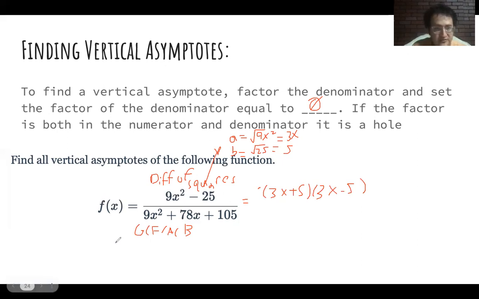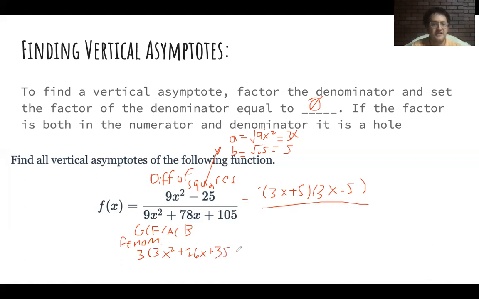So if I focus on the denominator, I'm going to pull out a 3. So 3 times 3 is 9x squared. And 78 divided by 3 is 26x. And 105 divided by 3 is 35.